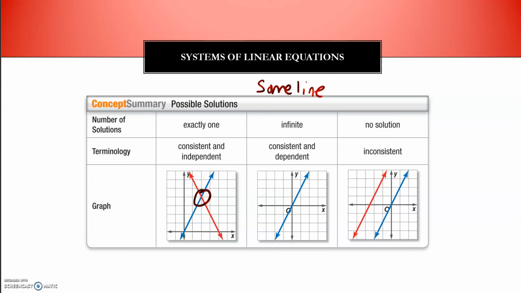The last one, no solution, called inconsistent, means that the lines don't share any points. There is no x and y that works for both equations. They never intersect. As you may remember, those are called parallel lines, and the system is said to have no solution. In that case, the symbol for parallel looks a lot like, well, parallel lines.